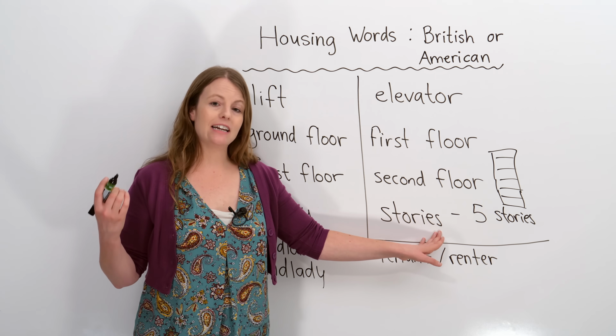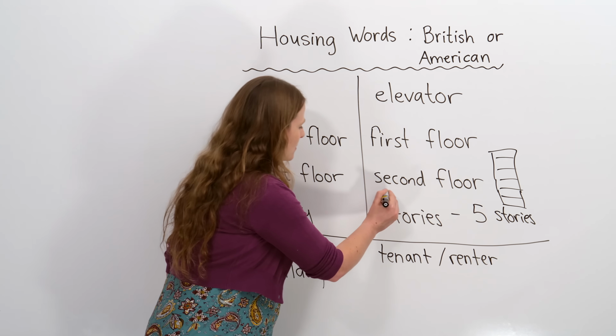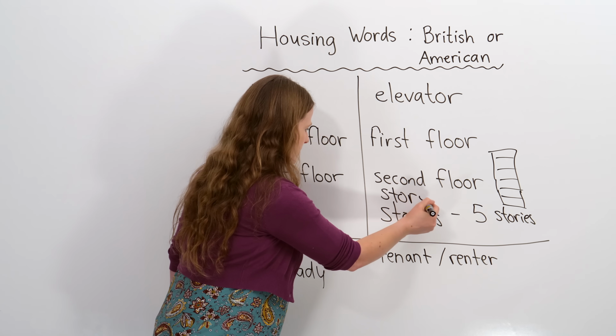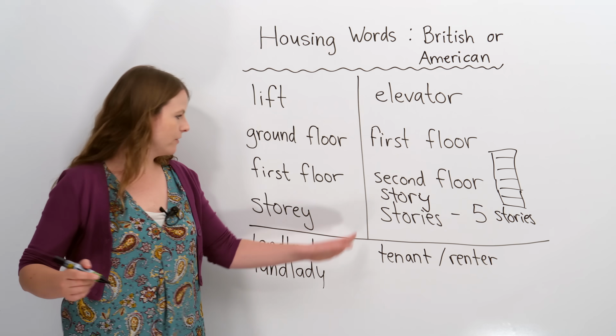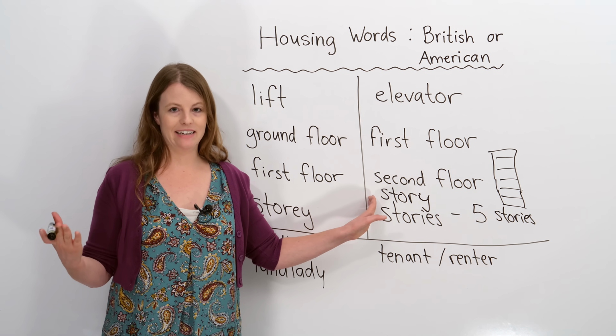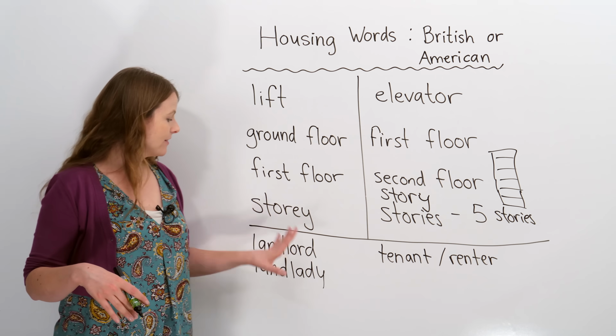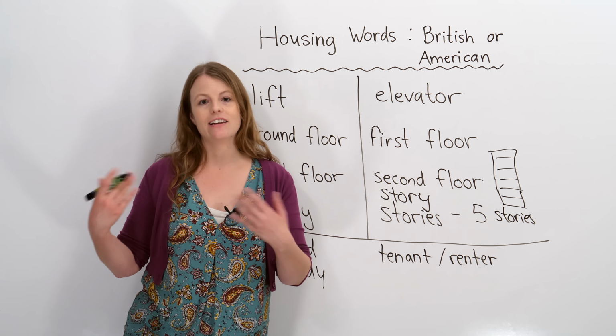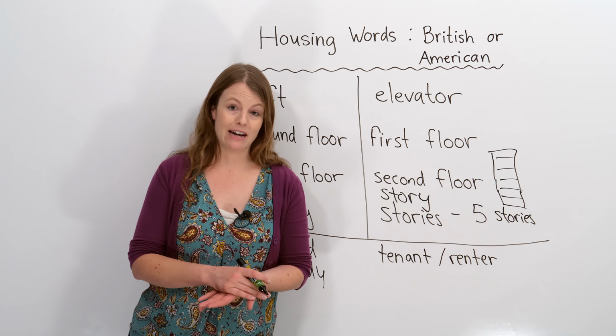If we are talking about 1, we use the word story without an E. Okay, so that's some of the differences between British English and North American English when we talk about housing.